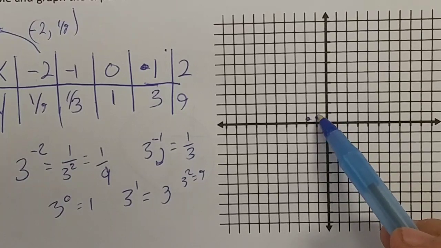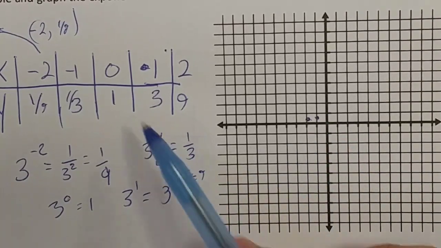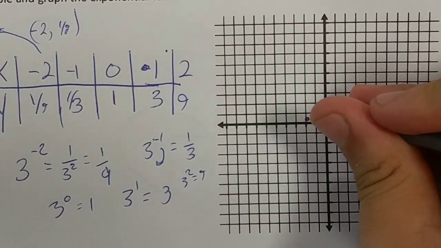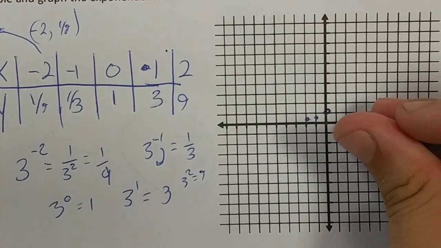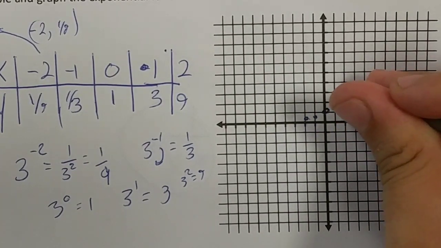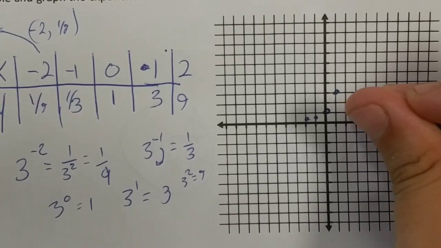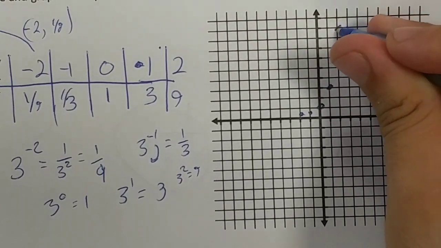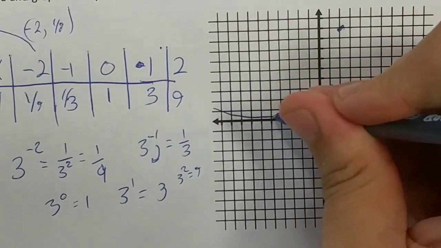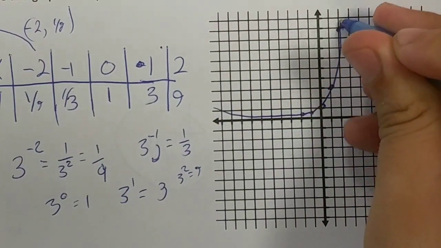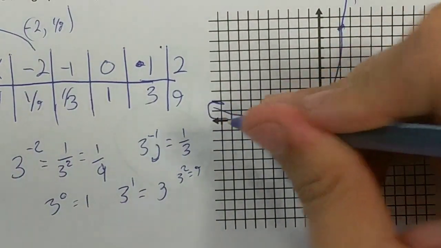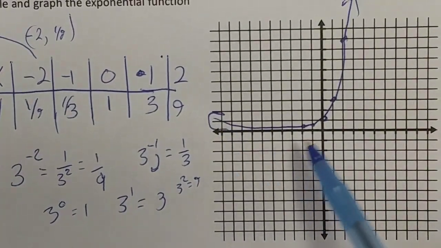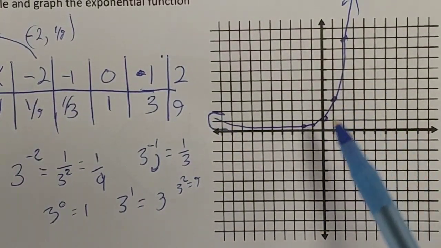Not past 1 though. Do not pass 1 or get on 1. At 0, it's at 1. At 1, it's at 3. And at 2, it is 1, 2, 3, 4, 5, 6, 7, 8, 9. And we connect the dots, and it's going to become this exponential curve, okay?